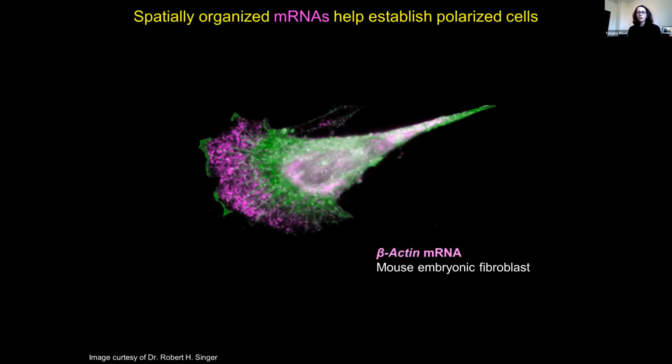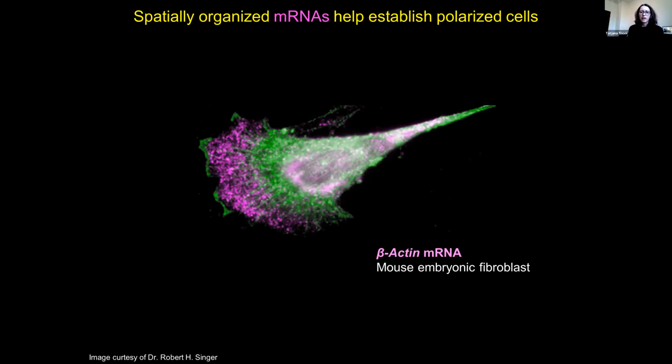But just to introduce, my lab is interested in how mRNAs in cells are spatially organized and what the biological consequences of such organization are. The organization or localization of mRNAs in cells is very important because it helps establish polarized cells.